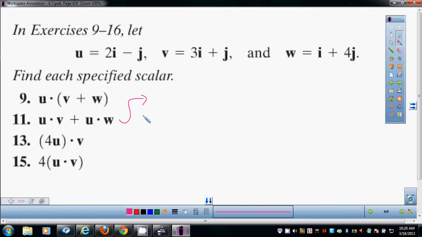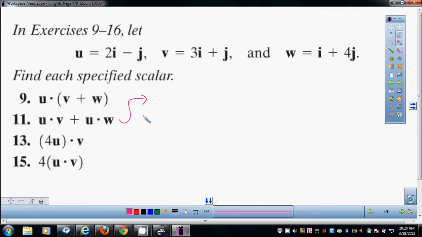This is just a number, correct? A dot product, and this is just a number. So when you're done with that whole equation, just one number is all you're going to have. Because anytime you use a dot product, that's all you get.